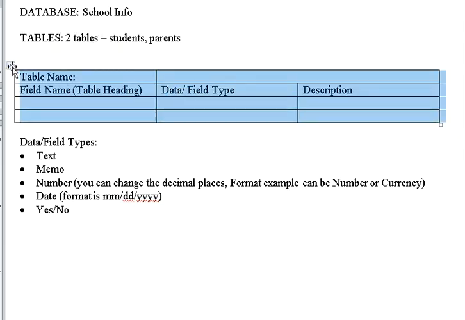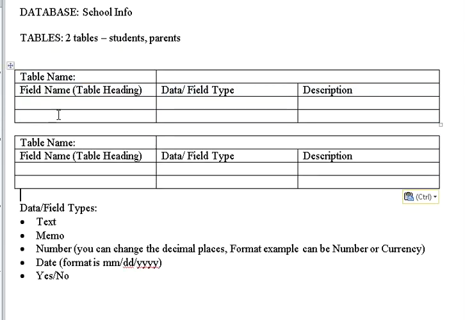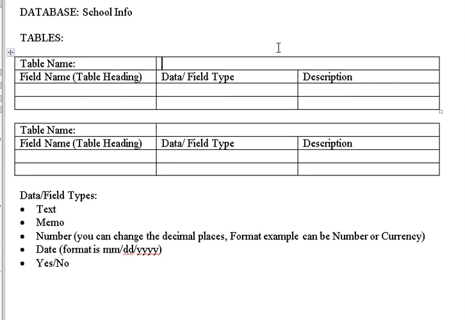So I said I need two tables. So let me copy and paste here. My first table, I'm going to call it students. Second one, I'm going to put parents. And now here I'm going to type in my table headings.